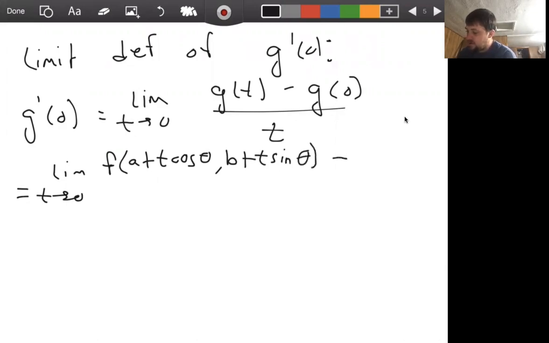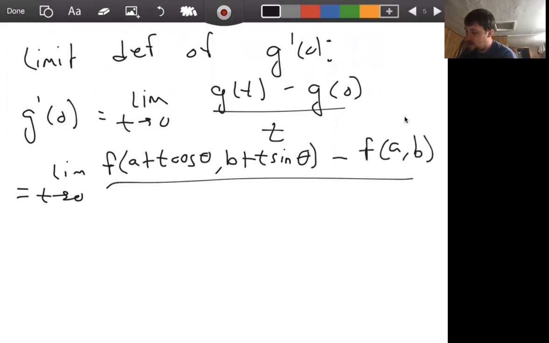If you plug in t equals 0, that's f of a, b, all over t. But this is exactly, if you'll notice, g prime of 0, this is the definition of the directional derivative.